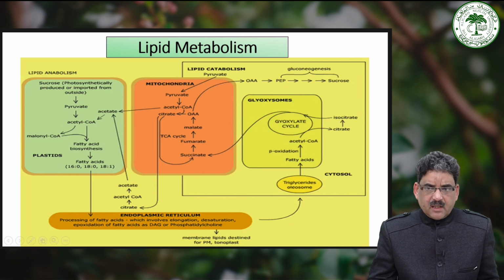So this slide shows the lipid metabolism. The lipids undergo metabolism to generate a soluble form of sugars in storage organs, which are then transported to the growing regions in developing seedlings. While there are similarities in lipid metabolism between plants and animals, there exist significant differences.